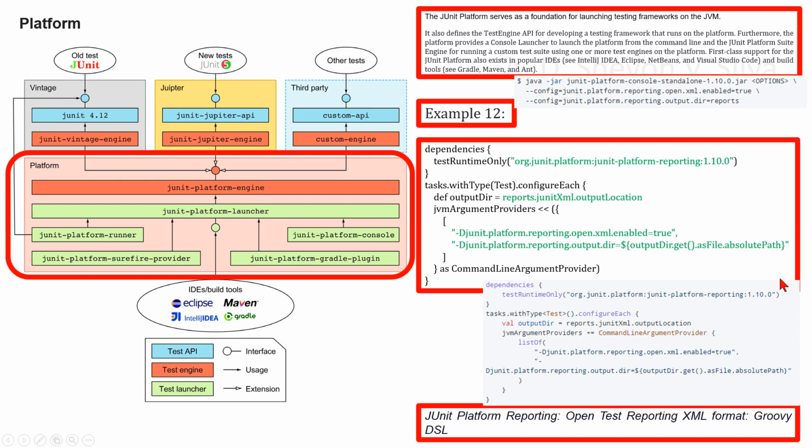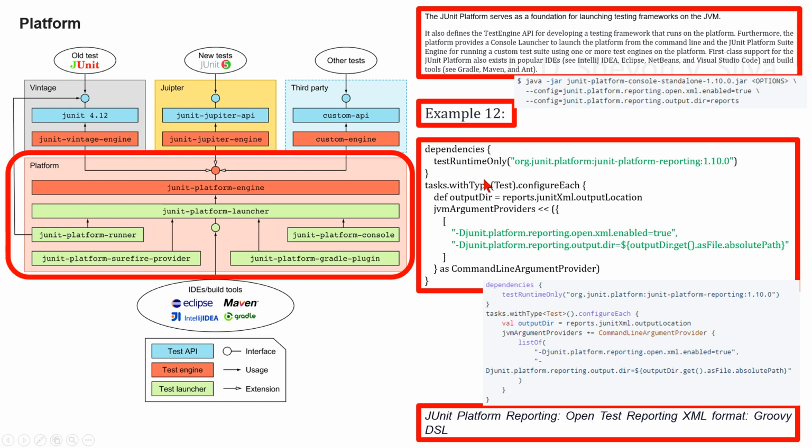The following samples configure its output directory to be the same directory Gradle uses for its own XML reports. The command line argument provider is used to keep the task relocatable across different machines, which is important when using the Gradle build cache.